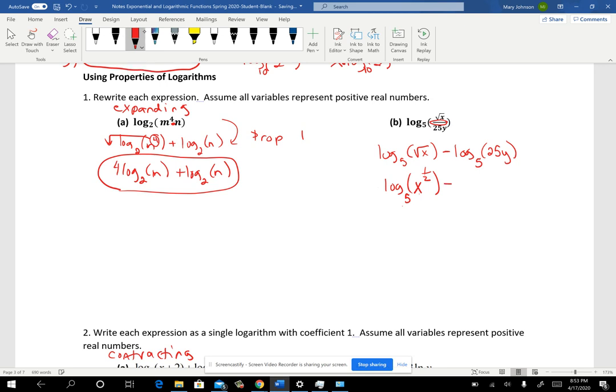Now here I see a product. Do you see that? So that means I can spread that out a little bit more, but this minus sign is going to get you in trouble if you're not careful. When you expand this out more, you're going to have log base 5 of 25 plus log base 5 of y.